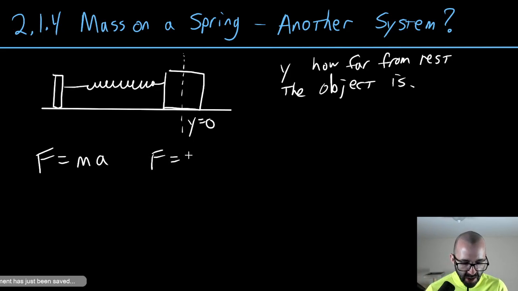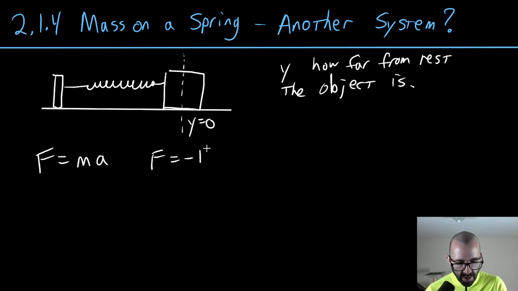He also said that for a spring, the force is going to be negative, the constant, times its position. So the further away we are from rest, the bigger the force is going to be acting on that object.